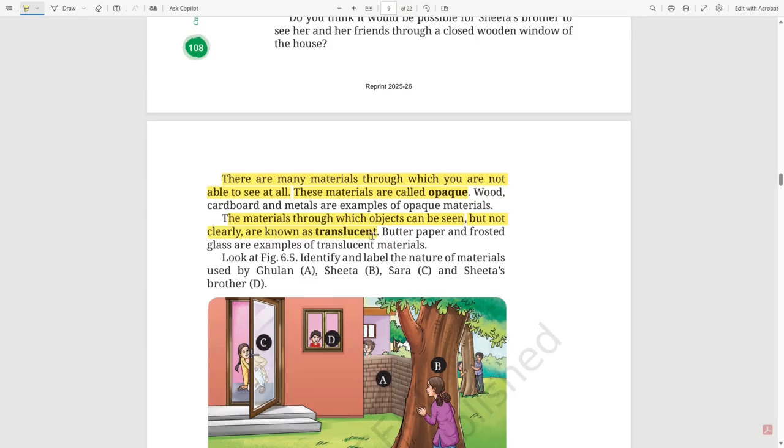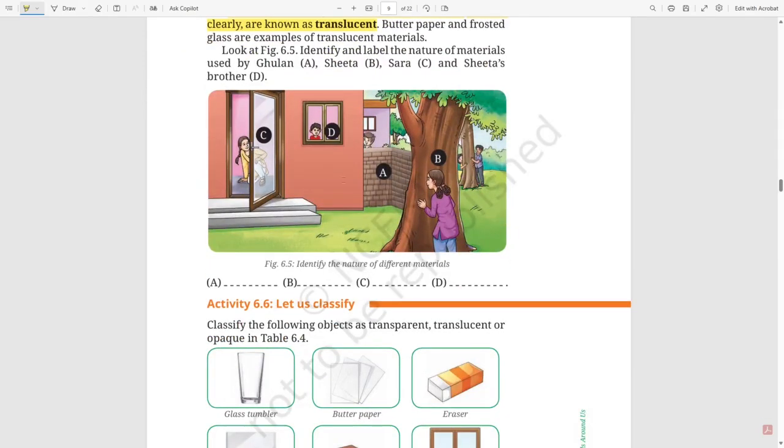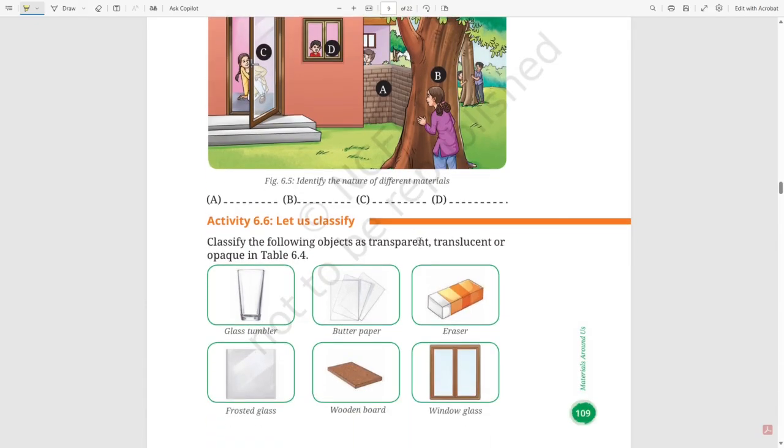Butter paper and plastic glass are examples of translucent materials. See, there are figures like this: this is a frosted glass door, so it is translucent. This is a glass window pane, so it will be transparent. And this is wood. This wood tree is transparent. Sorry, not transparent. It is opaque, by mistake.